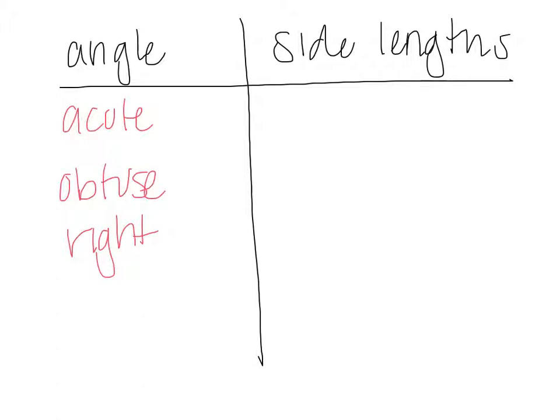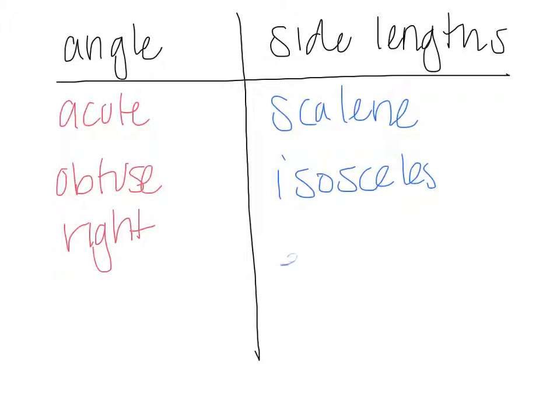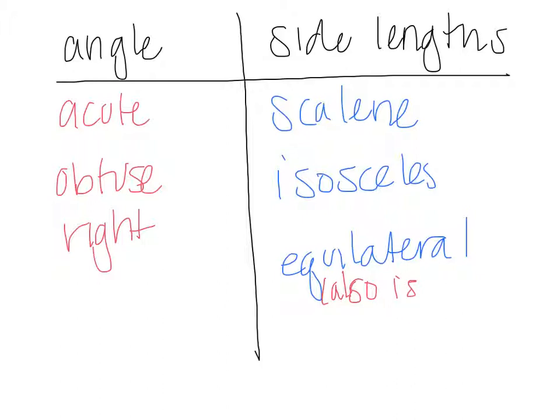Now our side lengths can be scalene, isosceles, or equilateral. It's important to remember, if it's equilateral, it is also isosceles, but the other direction is not true. If it is isosceles, that does not make it equilateral.